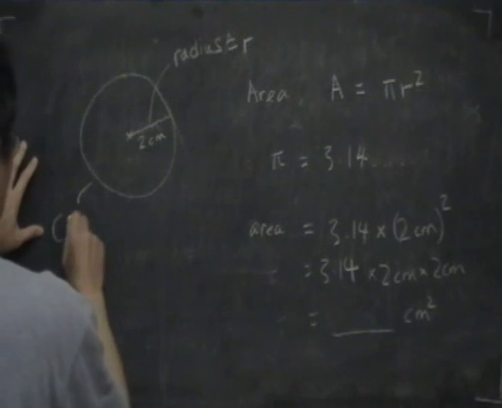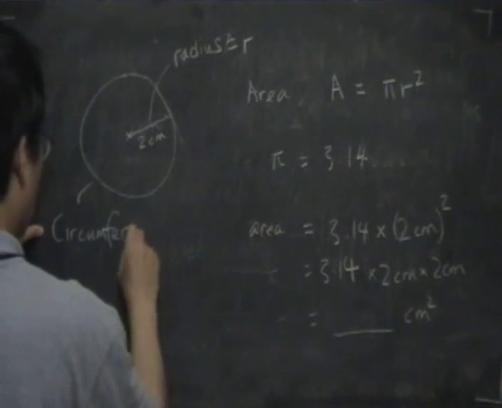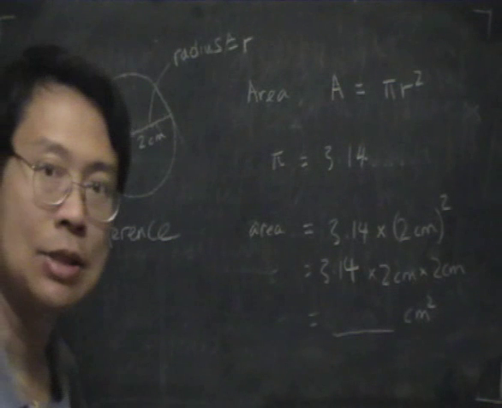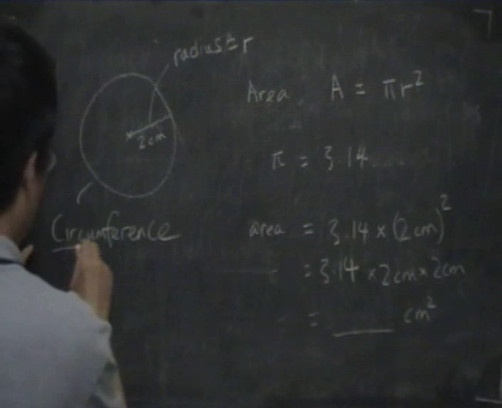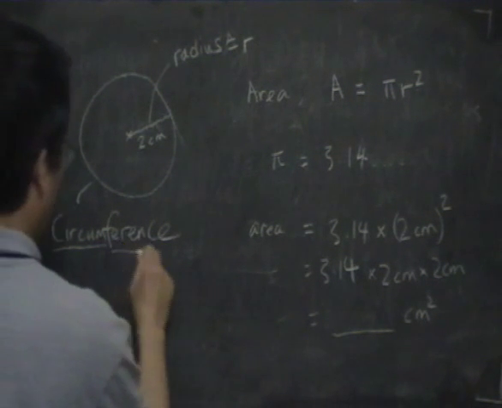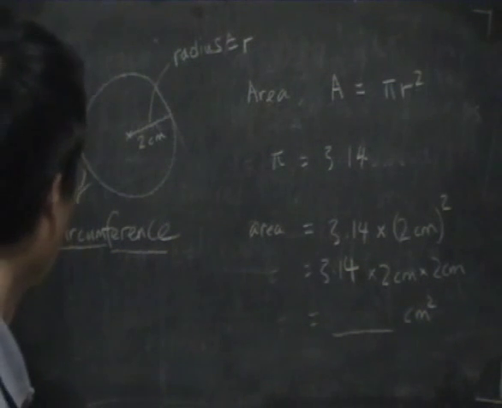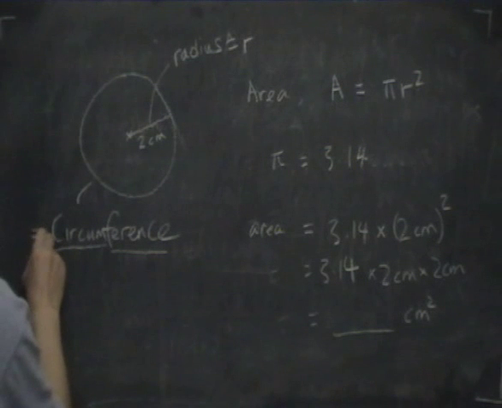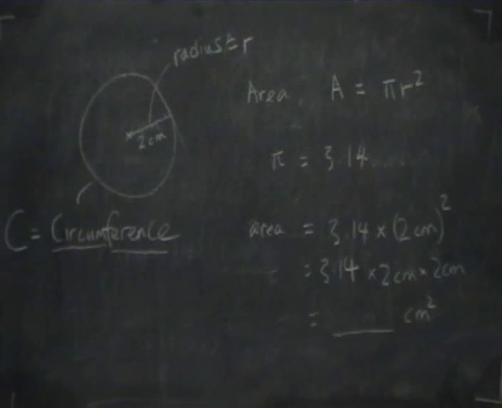It's called circumference. So that's another long name. Now let me represent the length of this circumference by the symbol c.